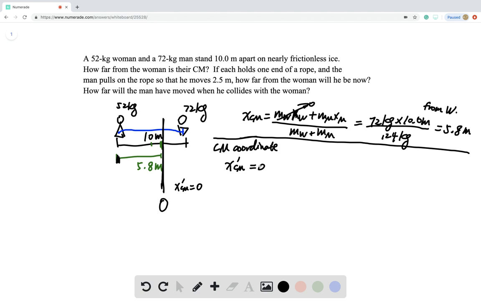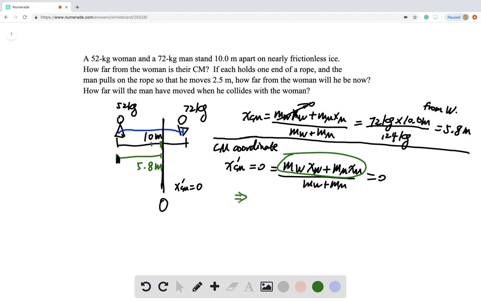What that means is that the mass of the woman times the distance of the woman plus the mass of the man times the distance of the man, over the mass of the woman plus the mass of the man, has to be 0. So whatever is in the numerator has to be 0.